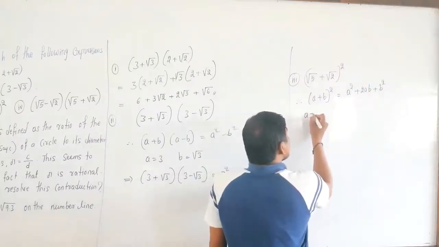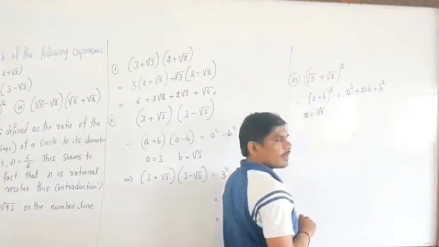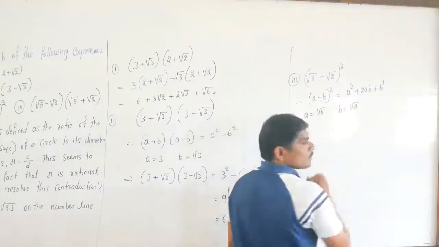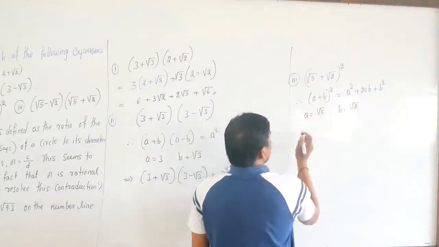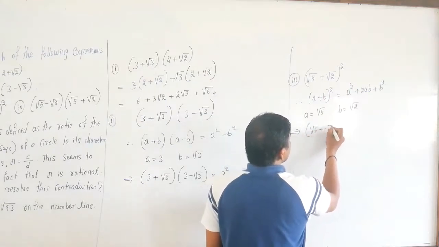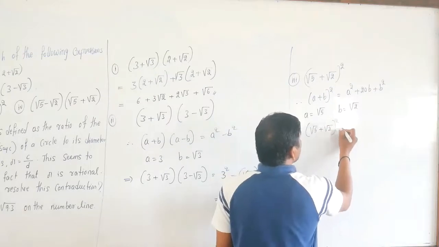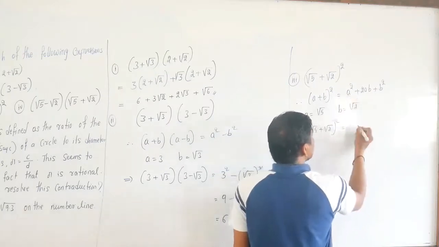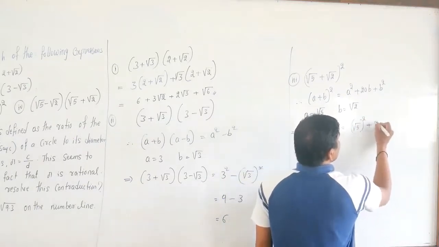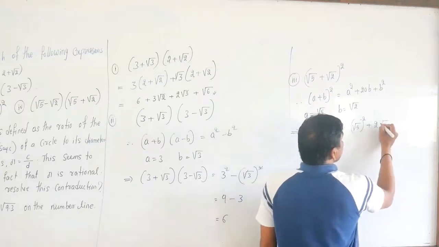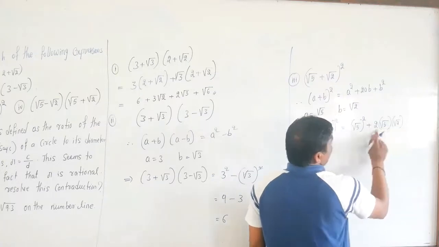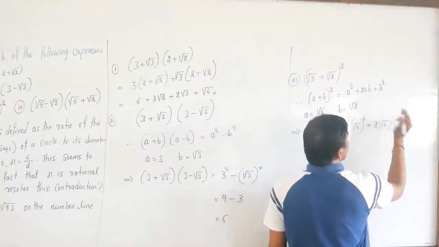According to the given problem, a is equal to root 5 and b is equal to root 2. Now you put it here: root 5 plus root 2 whole square is equal to a square, a means root 5 square, plus 2, a means root 5, b means root 2, the 2ab form. Then the next one is b square, b means root 2 square.